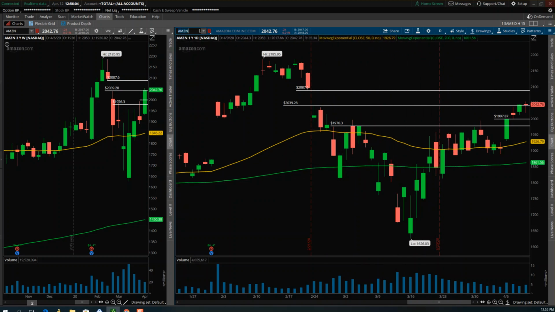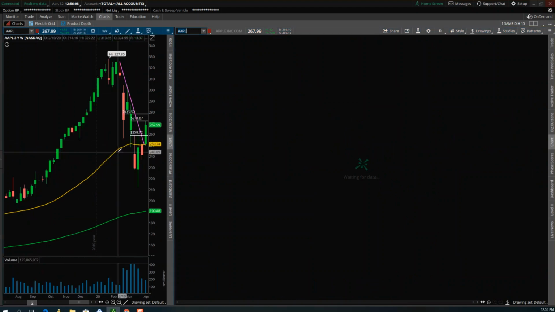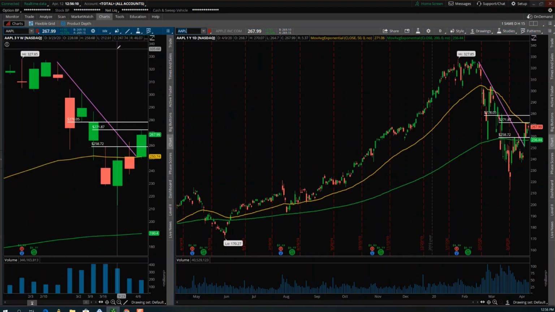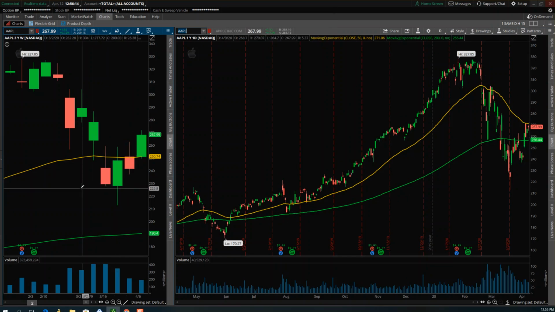Okay, let's look at the next one, Apple. Let's clear these drawings. A nice move above the 50 weekly moving average, bullish trend bar, closed decent.